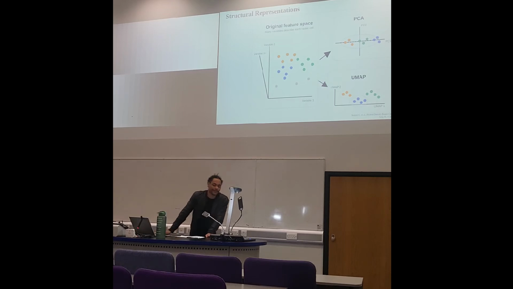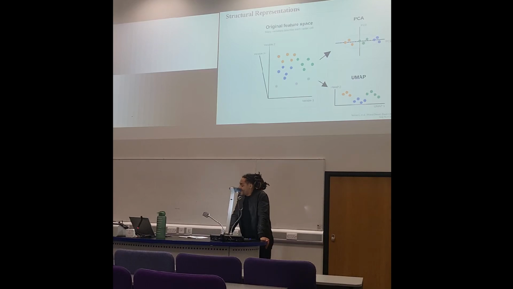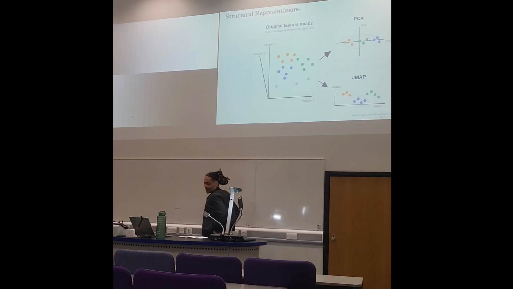So PCA, which I'm sure you're all aware of because it was in one of our modules, is a linear dimensionality reduction. It projects along the linear axis. However, the reason why we're using UMAP, which is the manifold-based nonlinear dimensionality reduction, is because PCA may actually ignore some of the nonlinear structures. Yes, we could use the kernel trick.